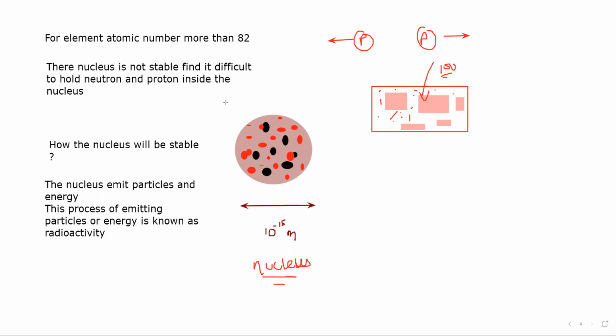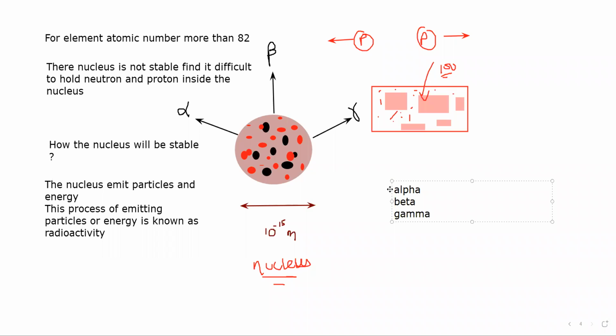There are three types of radiation or particle emitted, denoted by Greek letters: alpha, beta, gamma. The radiation or particle emitted by the nucleus to be stable, one is called alpha, another is beta, another is gamma. We'll discuss what alpha, beta, and gamma are.